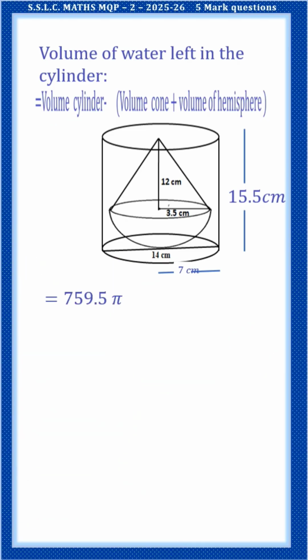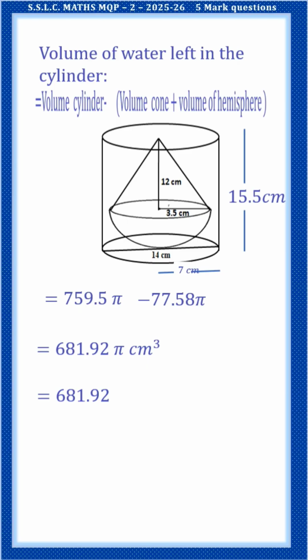So volume of cylinder is 759.5 pi units. We have already calculated the volume of cone and volume of hemisphere, that is volume of toy, that is 77.58 pi units. So now let us subtract the volume of the toy from the volume of the cylinder: 689.92 pi centimeter cube.